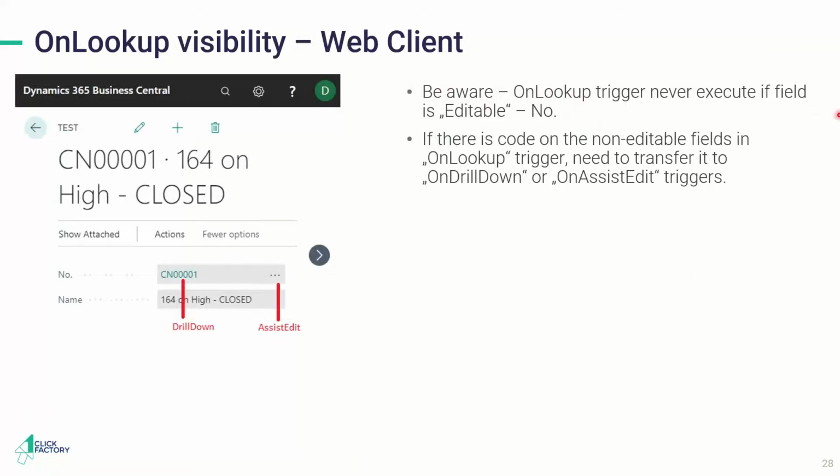So please be aware that on lookup trigger could never be executed if field is not editable, and you need to transfer, if you need the functionality, to different fields which are reachable in the web client.